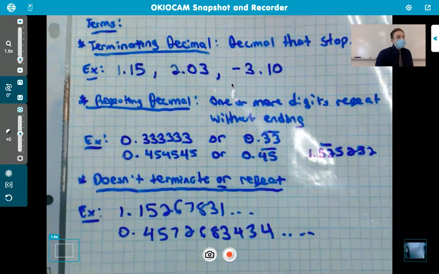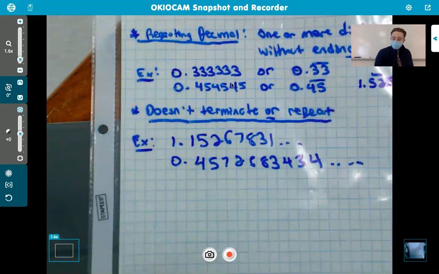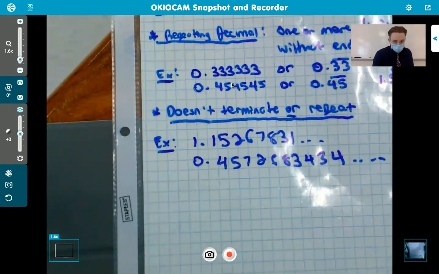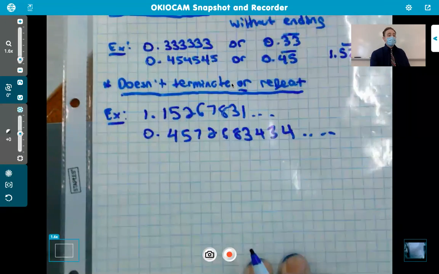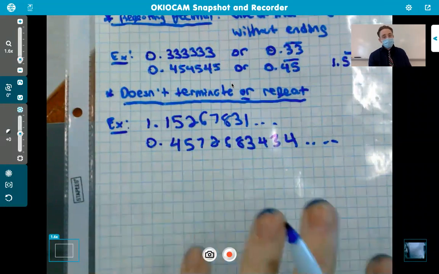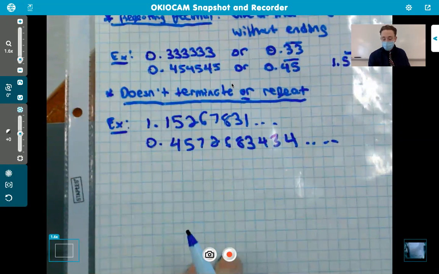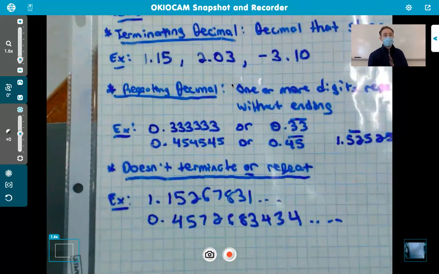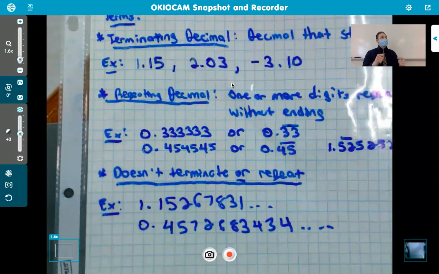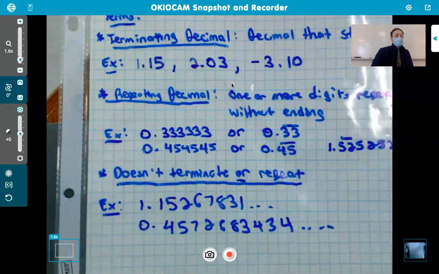So one thing that we want to keep in mind is that not only do we have these categories of decimals, right? We have different kinds of decimals, but what does this tell us about maybe the way that they can be portrayed as fractions? Because remember that decimals and fractions pretty much work hand in hand. They're the same thing. Like 1/2 as a fraction is the same thing as 0.5 as a decimal. So what does this mean for us?